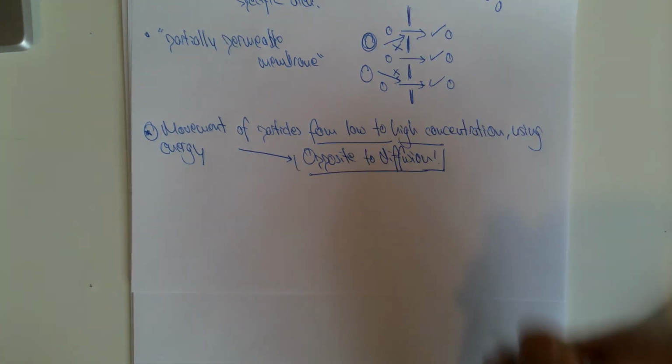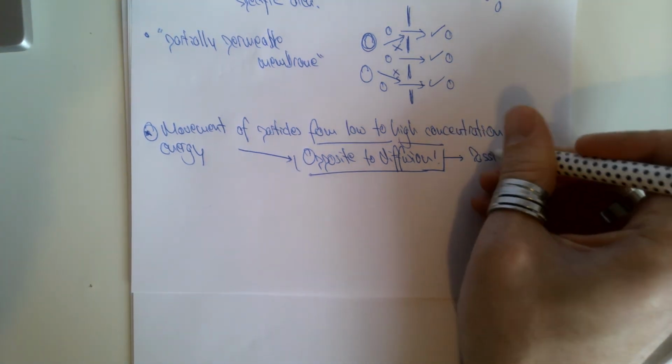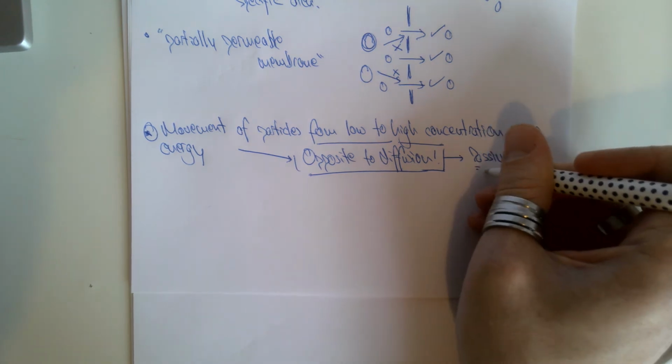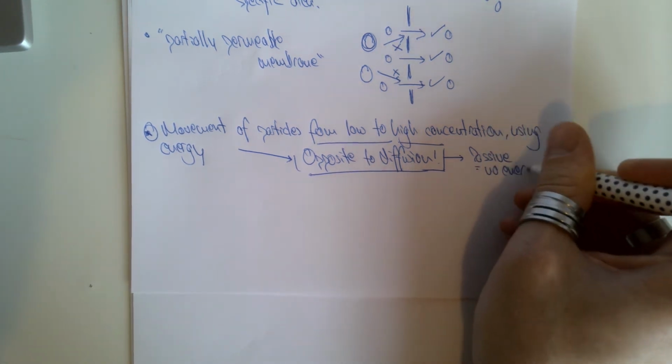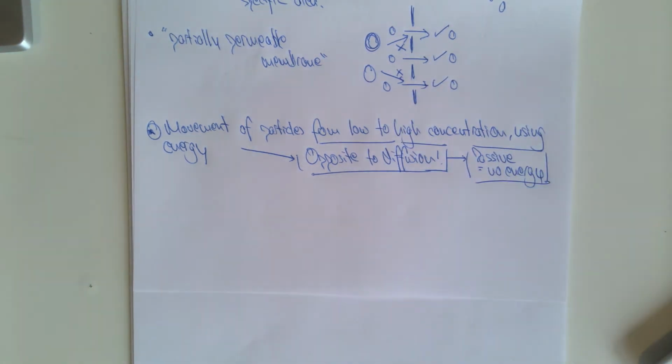It's also worth remembering that diffusion and osmosis are referred to as passive, which means they don't require energy to occur. That movement of particles from high to low concentration is a naturally occurring process.